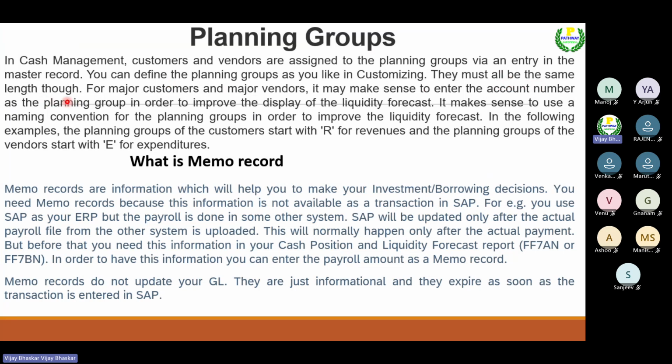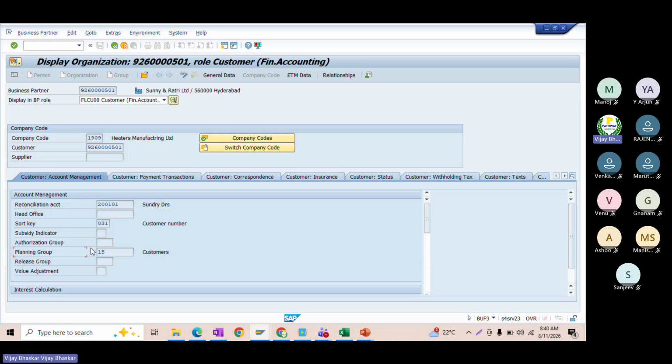Meaning that if you have defined the planning group with two characters, two digits, yes, you can define two digits. If you want to go for 5 digits, the maximum length is 10 digits. Either you can go for 2 digits or 10 digits, but it should be uniform. Uniform in the sense that for customers, you follow 2 digits planning group identification, and for vendors, you follow 10 digits planning group identification.